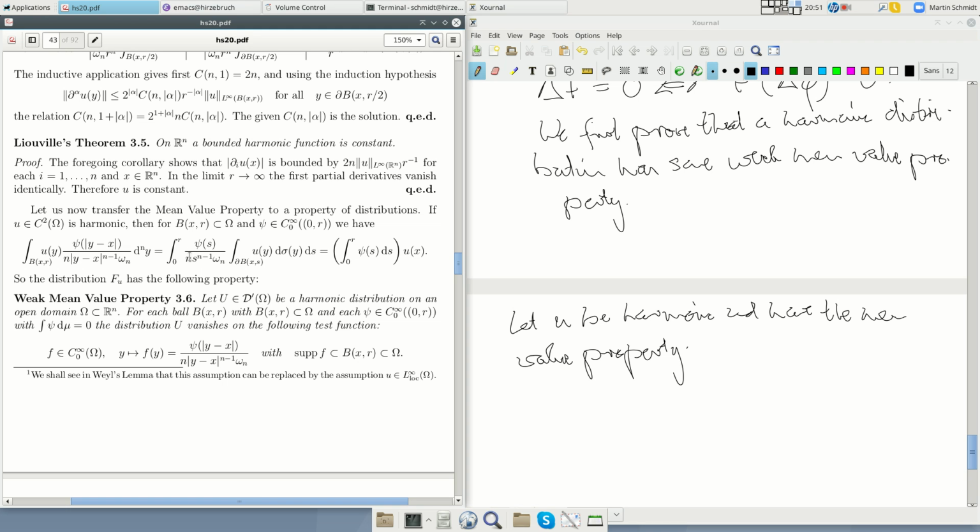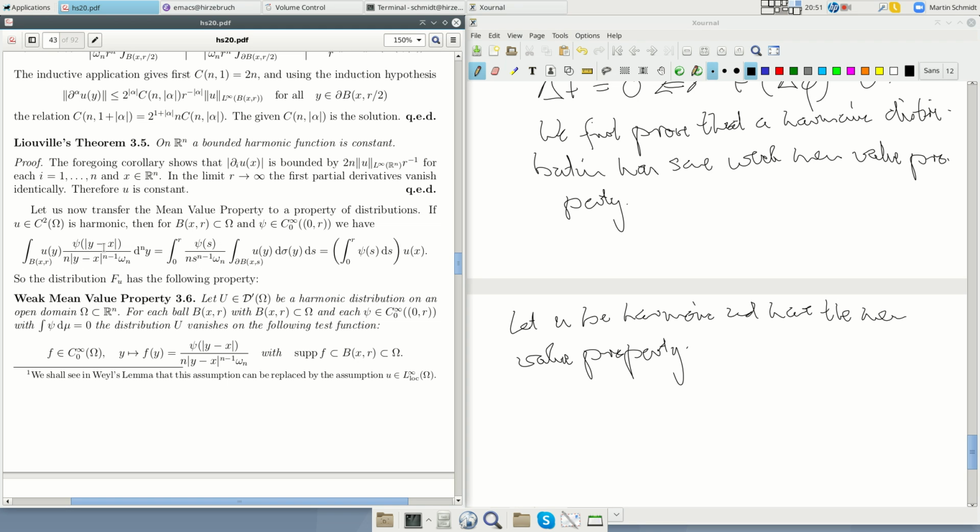And then the claim is, by polar coordinates, we may write this, since this only depends on the distance, on the boundaries of the ball around x with radius s.